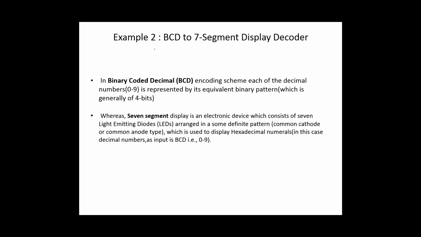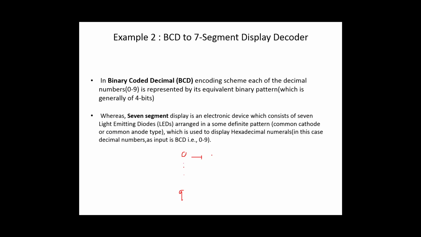BCD stands for binary coded decimal, and it is a kind of encoding scheme in which each of the decimal numbers from 0 to 9 is represented by its equivalent binary pattern, which is of 4 bits generally. So we have numbers from 0 up to 9, and each number is represented into its 4-bit binary.